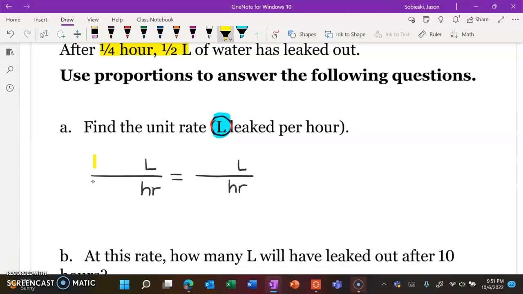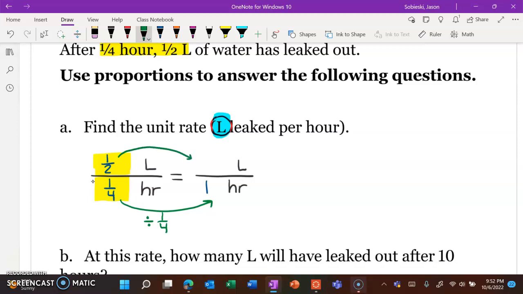All right, so our first fraction, the information comes from the problem. They tell us 1/2 of a liter in 1/4 of an hour. And once again, we're trying to find the amount for 1 full hour. So we're going to put that over here. All right, so again, we need to think what gets us from 1/4 to a 1. It's either multiplying by 4, or I usually just go with the division, so dividing by a 4, which is the same thing.